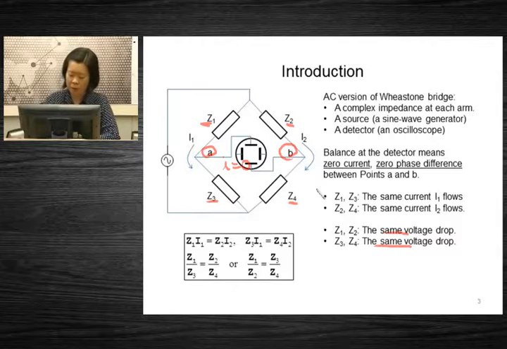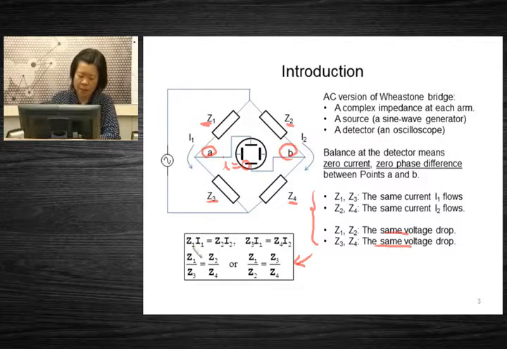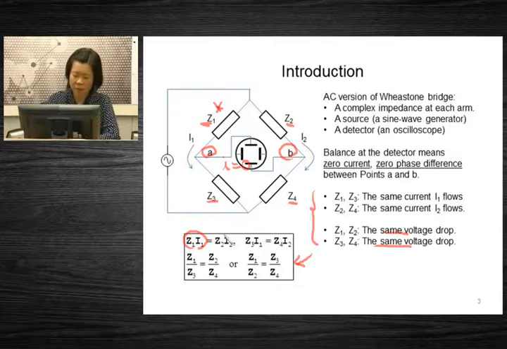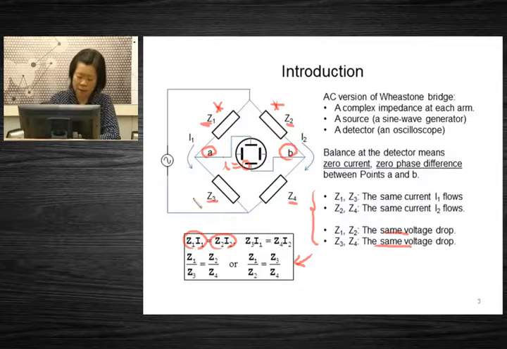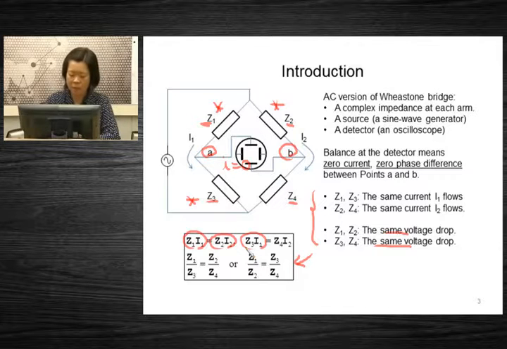So when you convert these facts into equations, this is what you find. Z1 I1, that's the voltage drop at this arm, is the same as Z2 I2, that's the voltage drop at this arm. And the voltage drop at this arm, Z3 I1, will be the same as the voltage drop at this arm, which is Z4 I2.